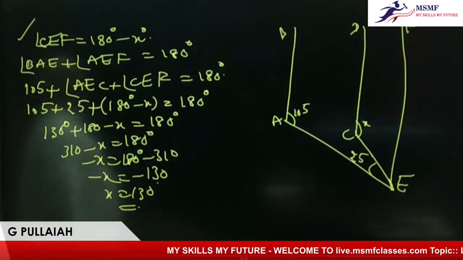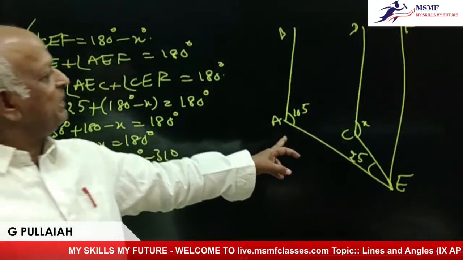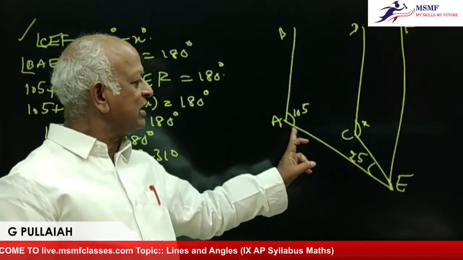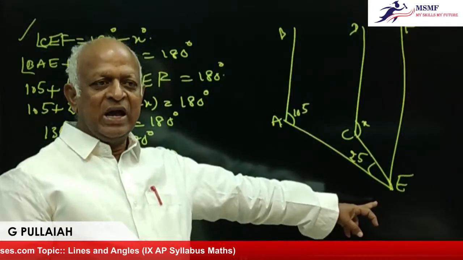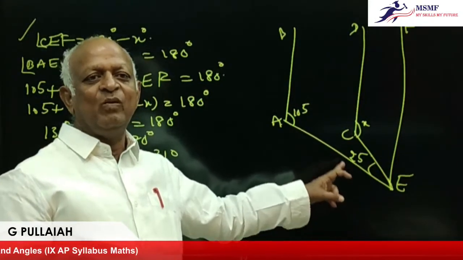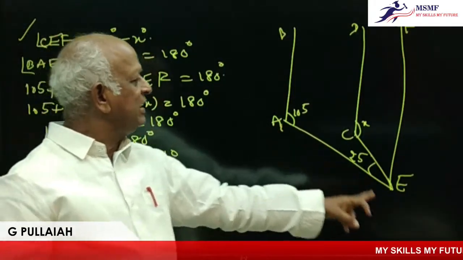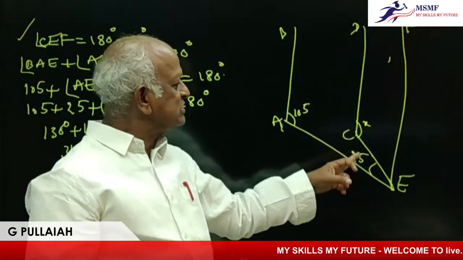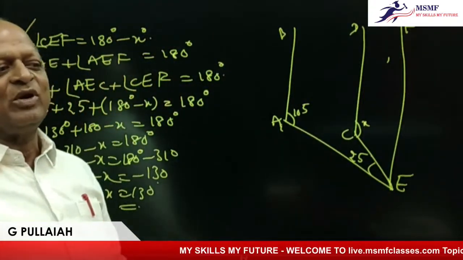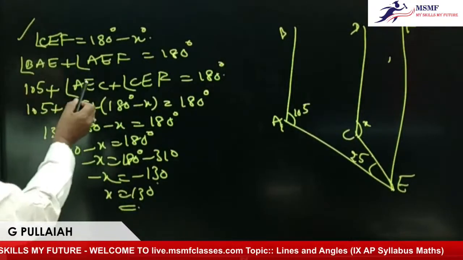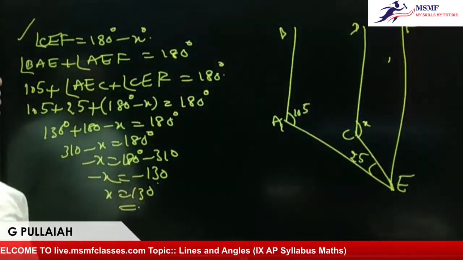Again, what we did here, we have taken AB and CE. Both of them are parallels, and we have taken AE as the transversal. Again, for this transversal, we have taken the co-interior angles, that is BAE and AEF. And the sum of these co-interior angles is 180 degrees. So here, angle BAE plus angle AEF is equal to 180 degrees.